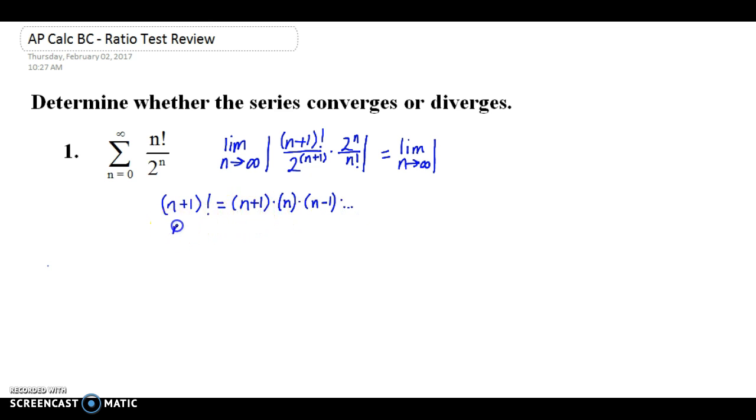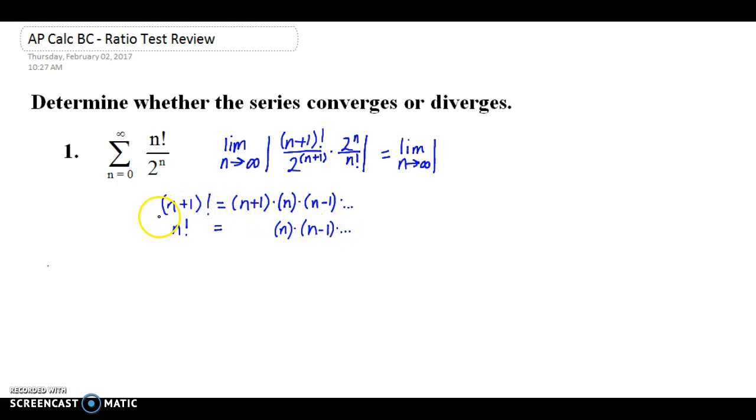N factorial is equal to n times the next integer down, n minus 1, times the next integer down, n minus 2, all the way down to 1.